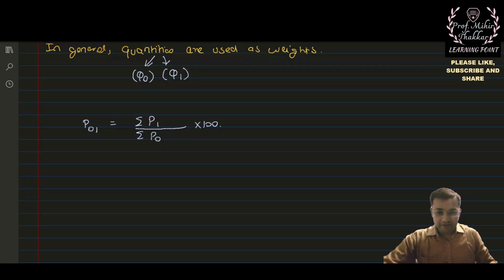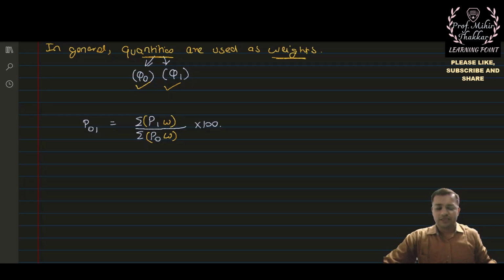I will multiply the numerator with the given weight and the denominator also with the given weight. As I told you in the beginning, guys, the weights are the quantities and the quantities are Q1 and Q0. So depending on which quantity you are going to apply as per the question, we are having two different formulas for the weighted index number since you are having two different quantities.